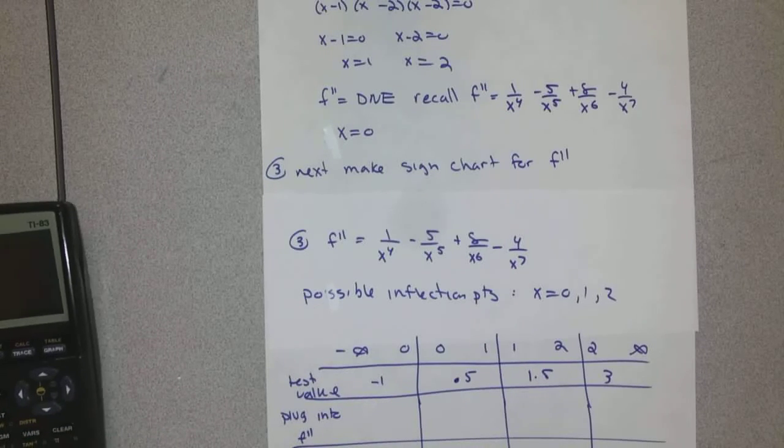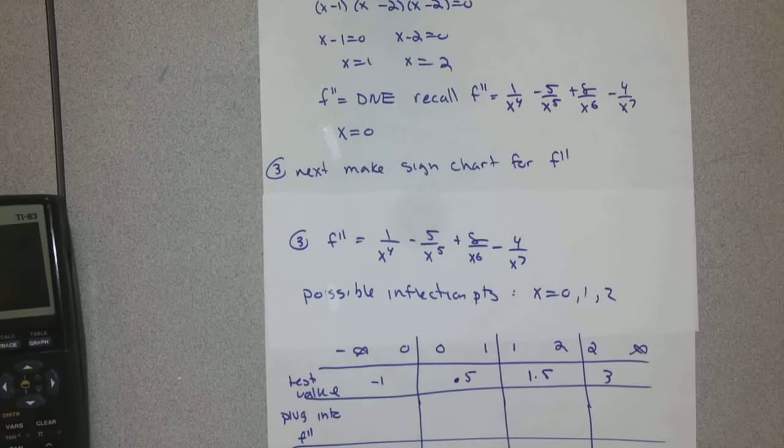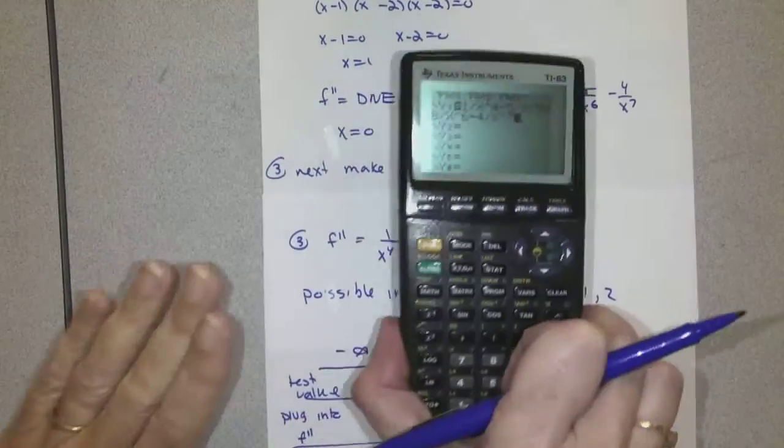So I have 1 divided by x to the 4th minus 5 divided by x to the 5th plus 8 divided by x to the 6th minus 4 divided by x to the 7th.